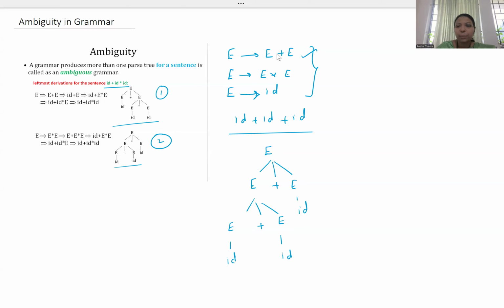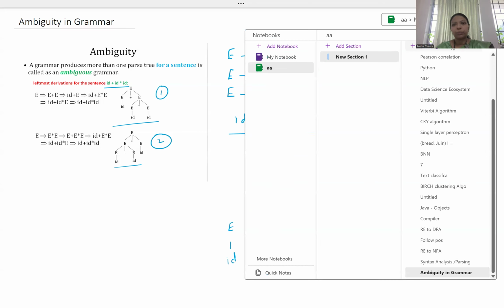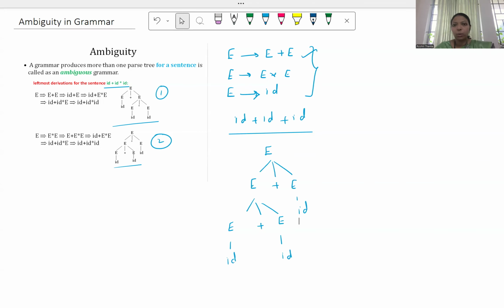E can be written as E plus E, and this E again can be written as E plus E. So this is one way of bringing out the output. If you see here, this is our output, ID plus ID, and here you have plus and ID. So finally, you got the output string.